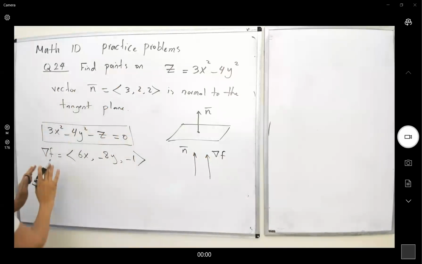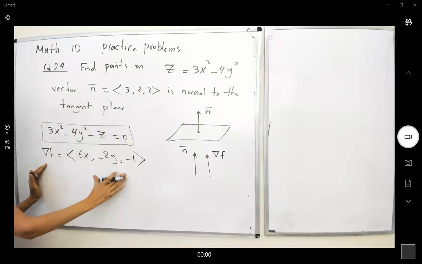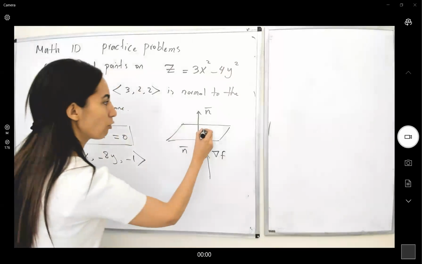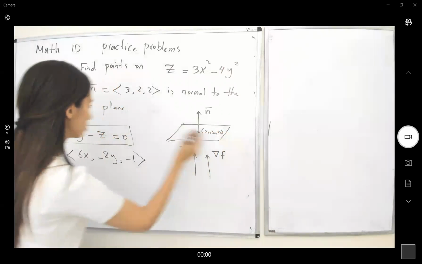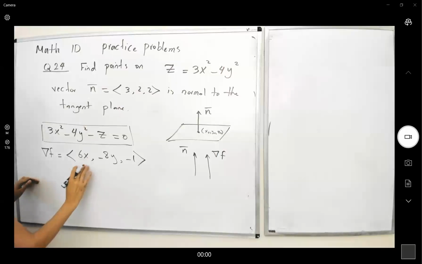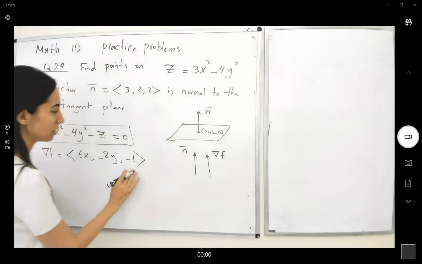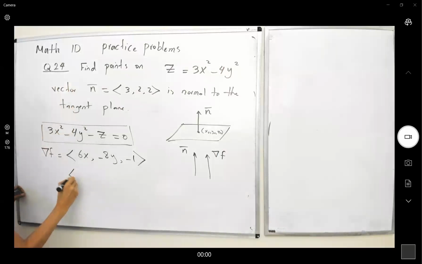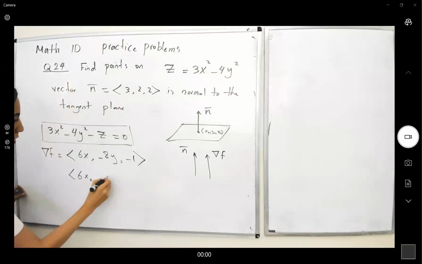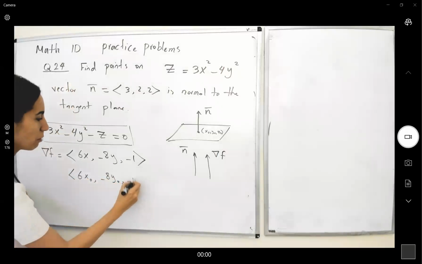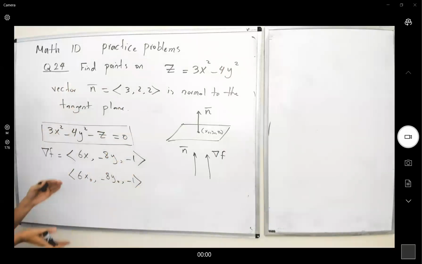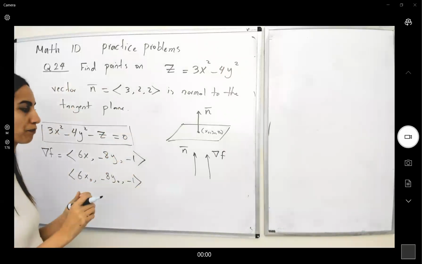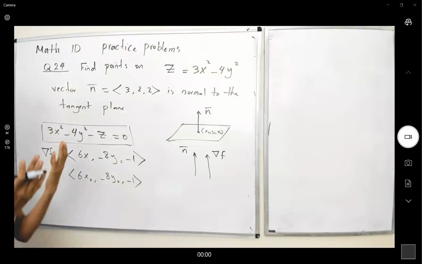So suppose this is your gradient vector, but you're looking for those points, x sub 0, y sub 0, and z sub 0. So suppose you plug in x sub 0, y sub 0, you're not worried about z because it's just a constant. So here you have 6x sub 0, negative 8y sub 0, and minus 1. This vector and n are proportional together. What's the meaning of that?